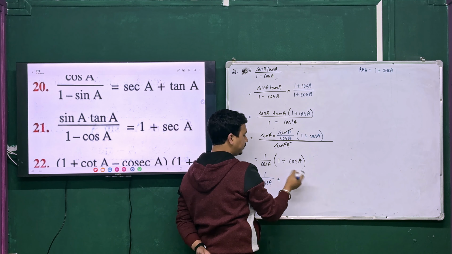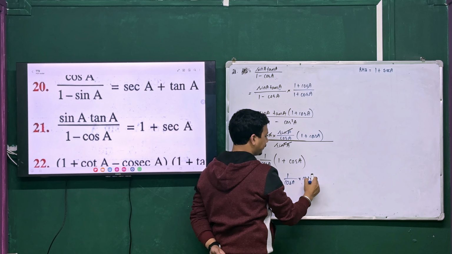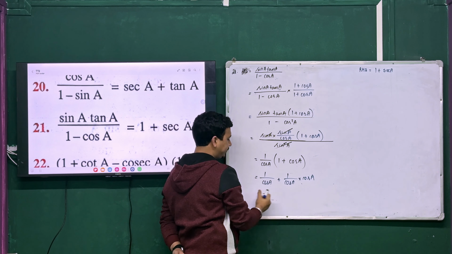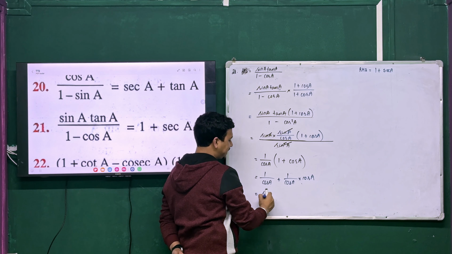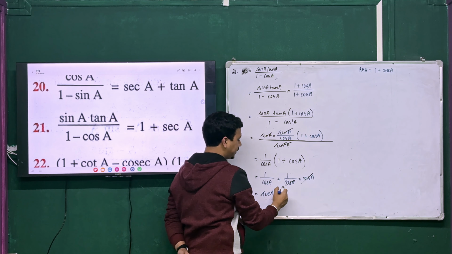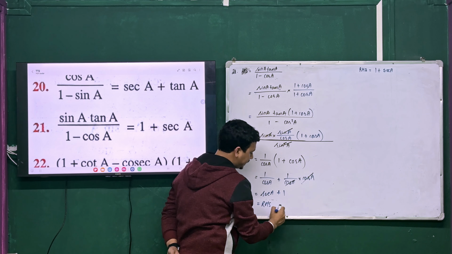If you don't know directly, then you can write down one more step, into cos A, this into this. I'm just showing the steps. Then 1 by cos is sec. And here we can cancel cos A and we end up with 1. So that is the right hand side.